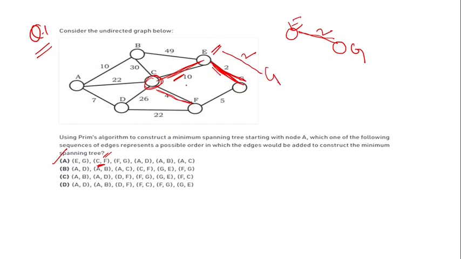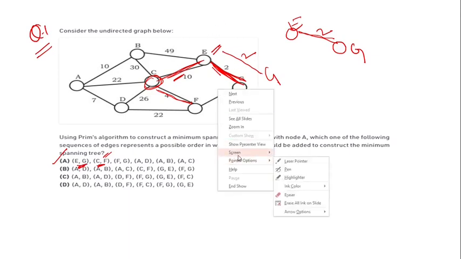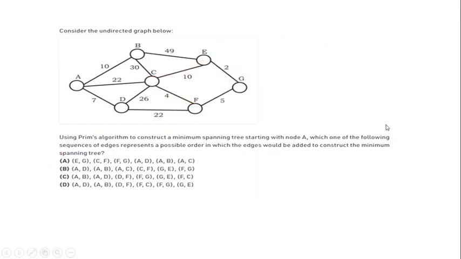So I think the first option might not be correct, because after EG, what vertices can we visit?